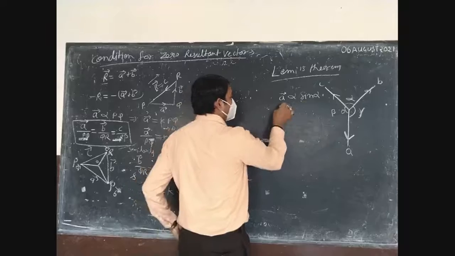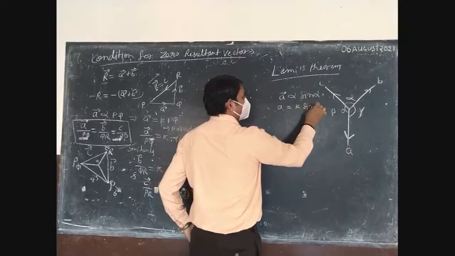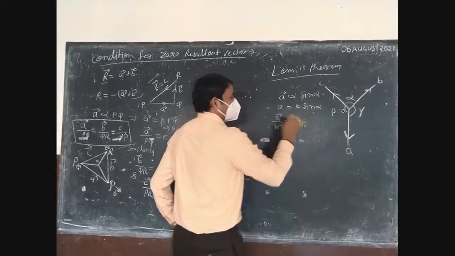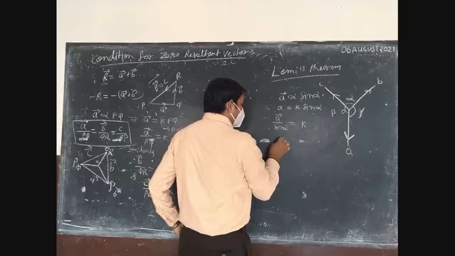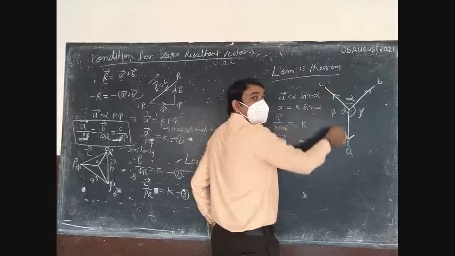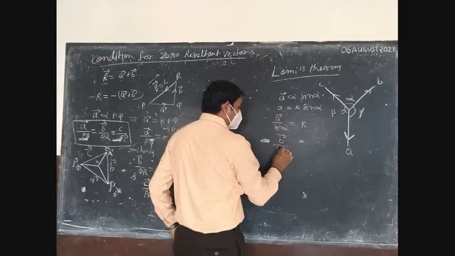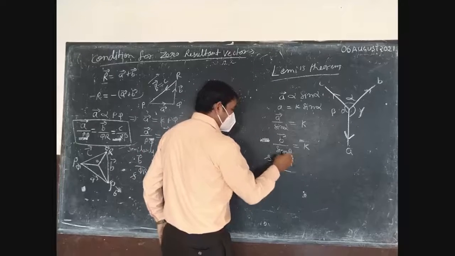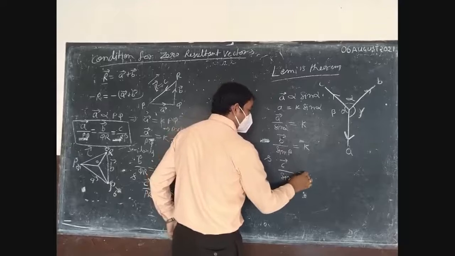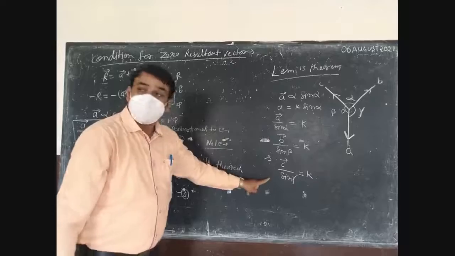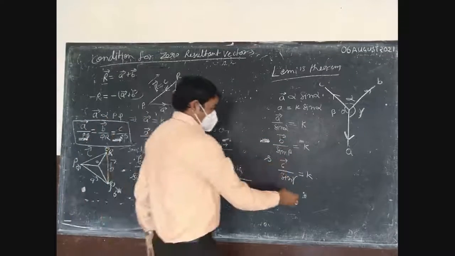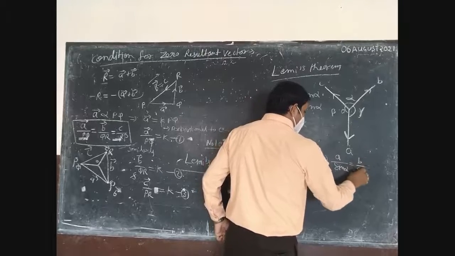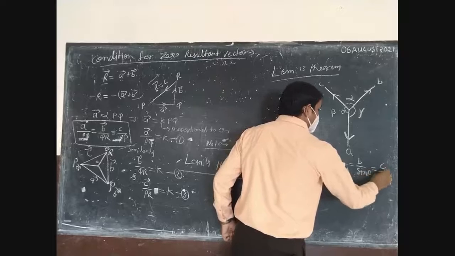Then from here you will get A is equal to K sine alpha, and from here you will calculate that vector A upon sine alpha is equal to K. Then similarly you can find that vector B upon the angle between the other two vectors, that is sine beta, equal to K, and vector C upon sine gamma equal to K. Now again you will find all three ratios equal to K. You compare this now: A upon sine alpha equals B upon sine beta and C upon sine gamma.